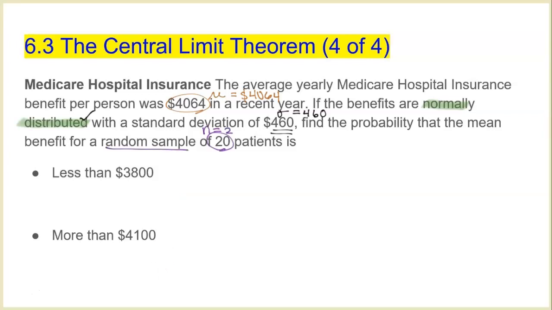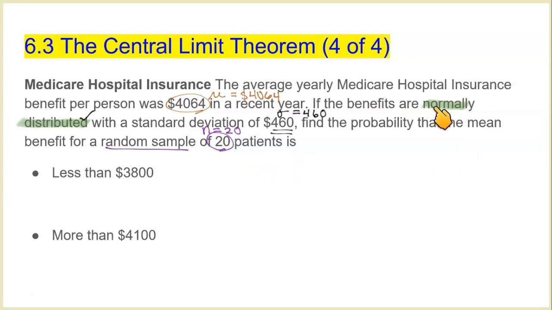So the sample size is not large enough to assume that the sampling distribution is normally distributed. So it's a good thing that the problem states that, because if the problem had not stated that the original distribution was normally distributed, that means the sampling distribution would not also be normally distributed because the sample size is not large enough.